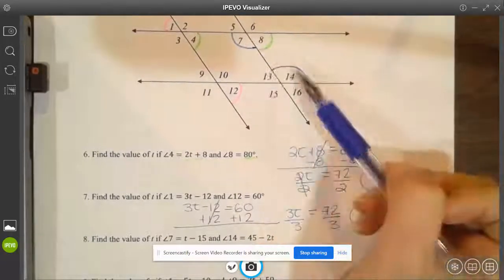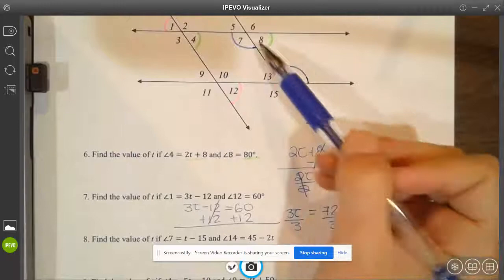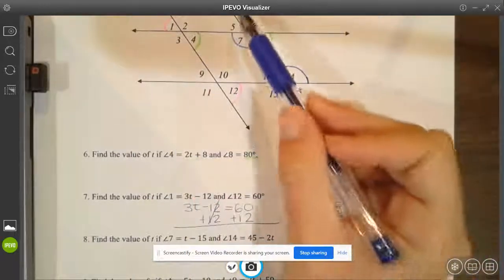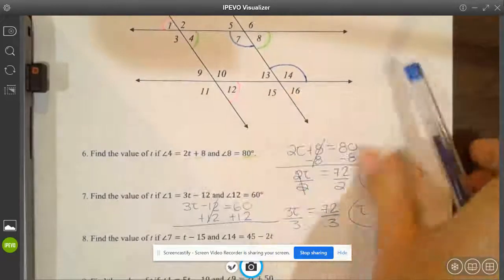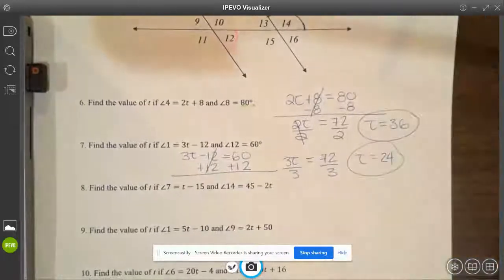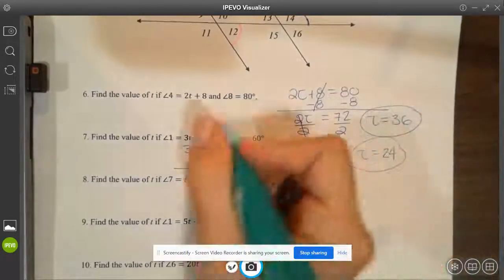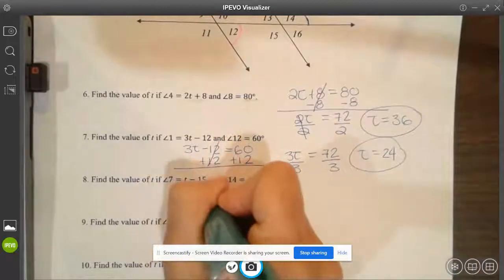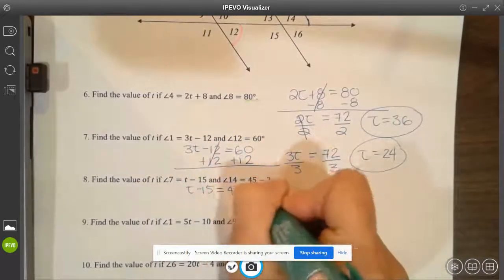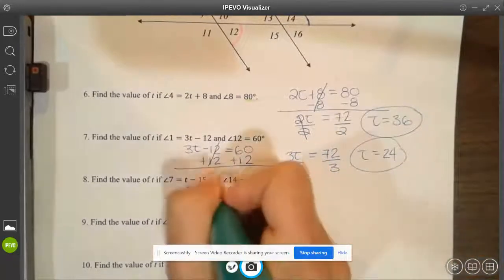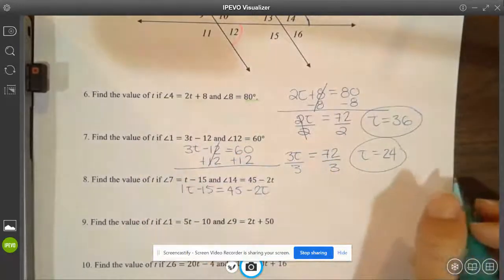Now we said that these two are alternate interior because these two lines are parallel and there's a transversal. So these two are actually equal to each other. So we can set them equal to each other because they are congruent. So that's t minus 15 equals 45 minus 2t. And then you are finding t this way.